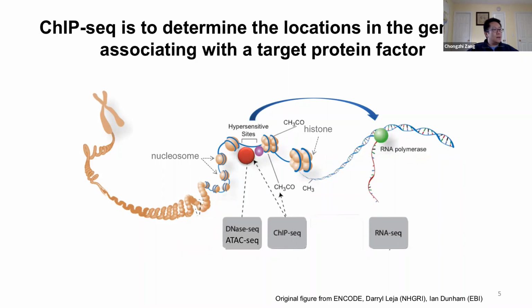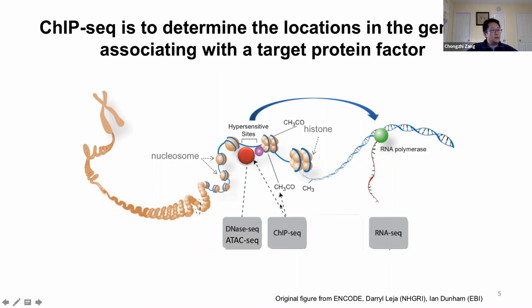Most of the eukaryotic genome is extremely long, and for any type of protein factor, one important question we're interested in is where in the entire genome this protein molecule binds.